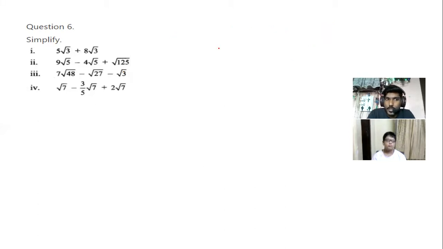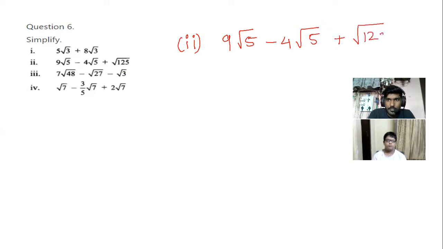Okay, let's do the second one and then we'll stop. The second one is 9 root 5 minus 4 root 5 plus square root of 125. Now there are three terms here. Are the radicands equal for all three terms?